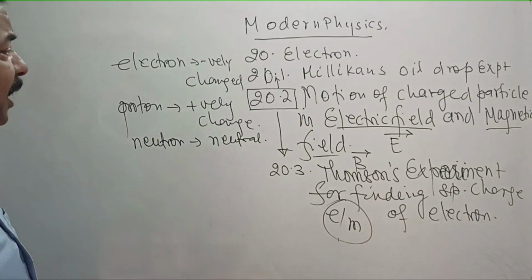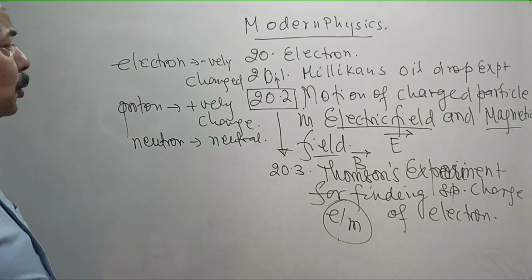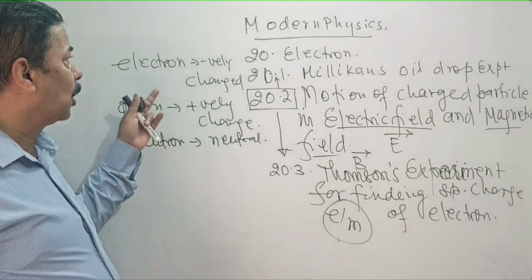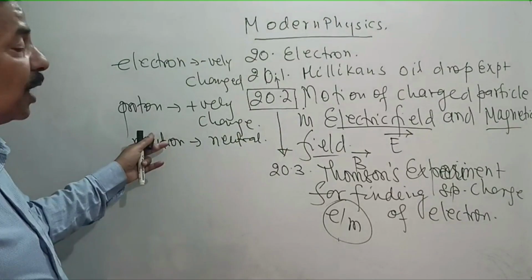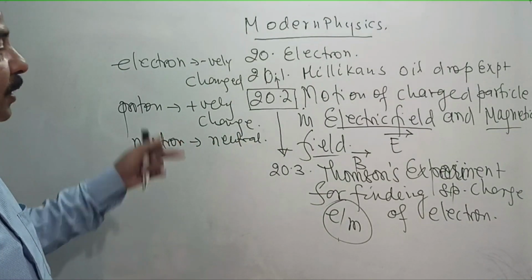What does it mean? It means simply that the effect of electric field on proton, electron and neutron will be different.